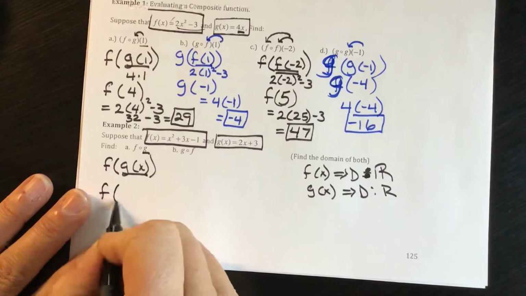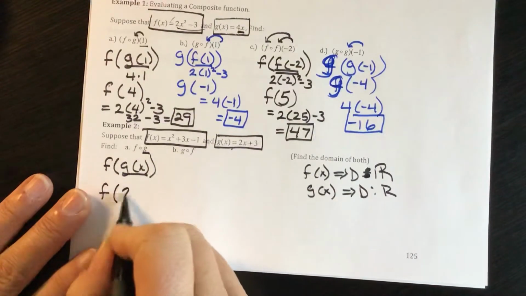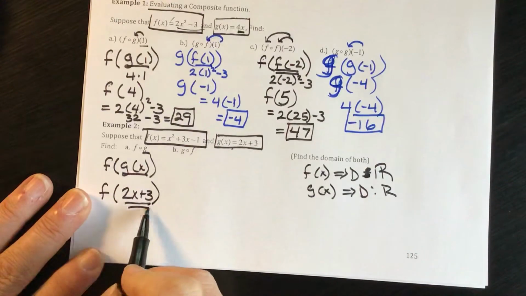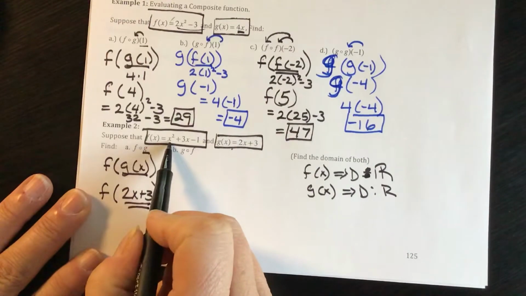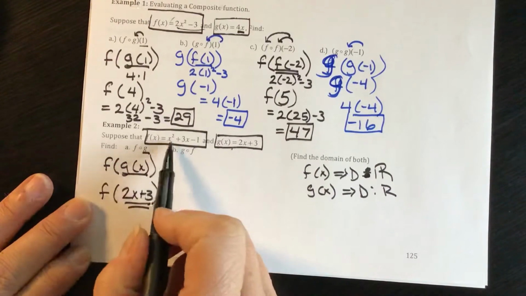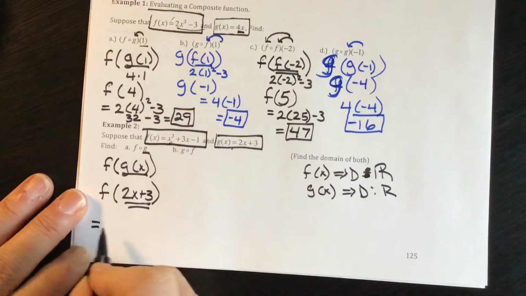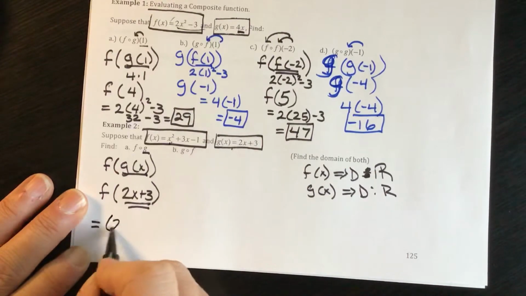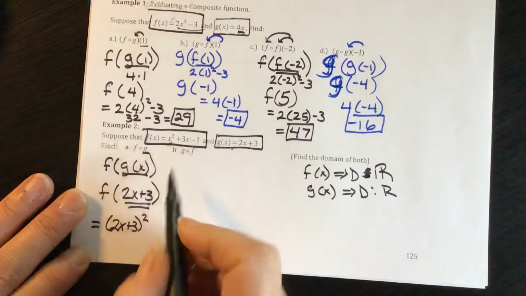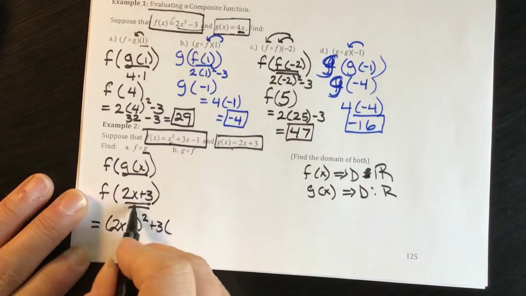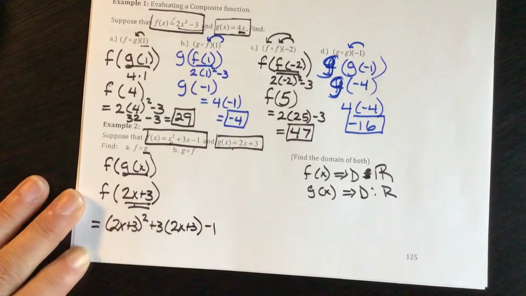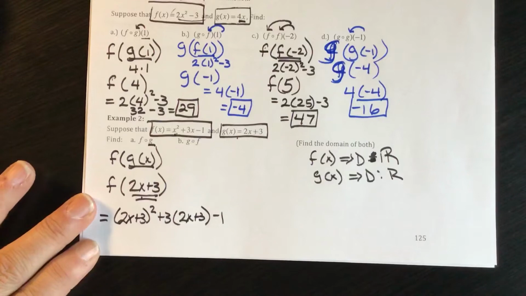So f of g of x is 2x plus 3, and I'm going to take 2x plus 3 and plug it into the f function. Wherever I see an x, I'm going to plug in 2x plus 3. So this is 2x plus 3, and I square it, plus 3 times x, which is 2x plus 3, minus 1. And now I need to simplify.